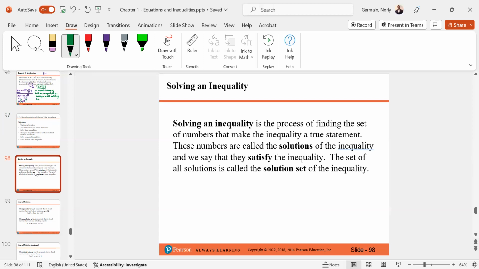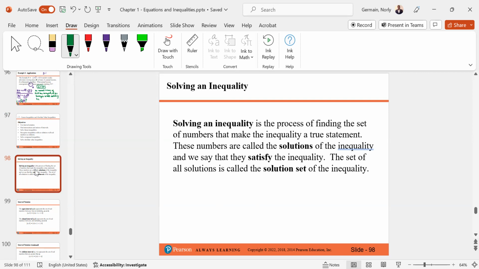So solving inequalities is the process of finding the set of numbers that make the inequality a true statement, right? These numbers are called the solutions of the inequality, and we say that they satisfy the inequality. So the set of all solutions is called the solution set of the inequality, right?